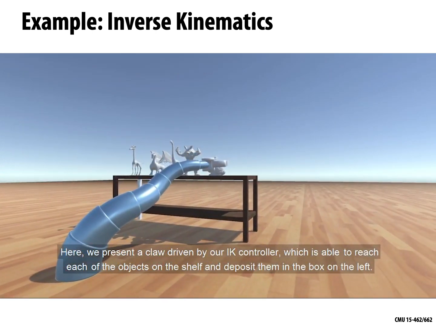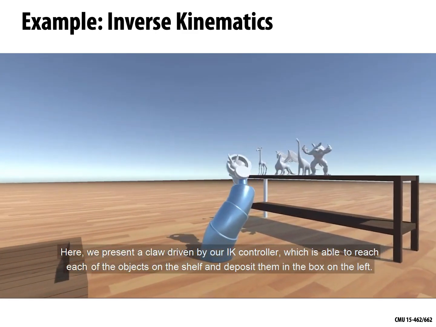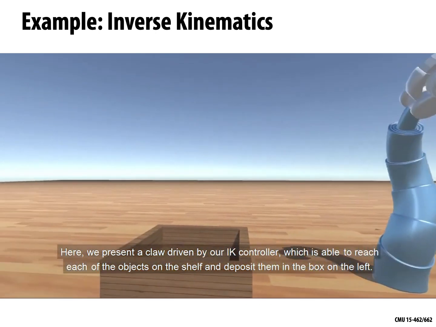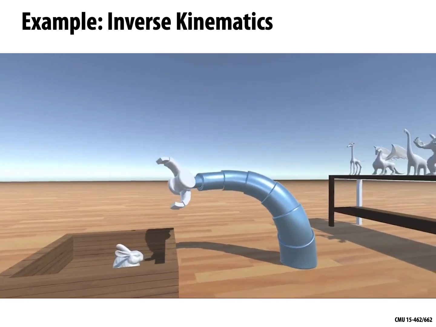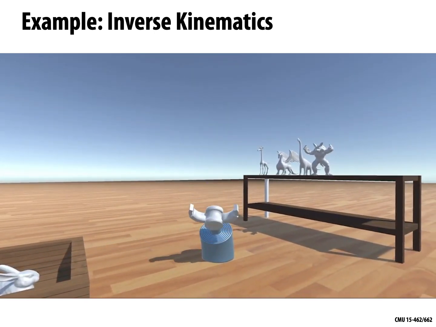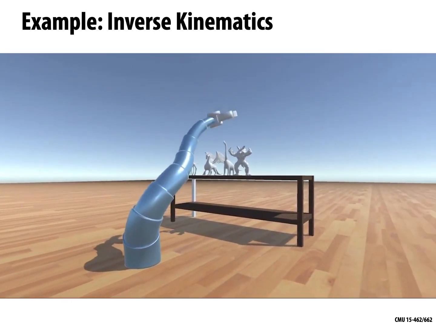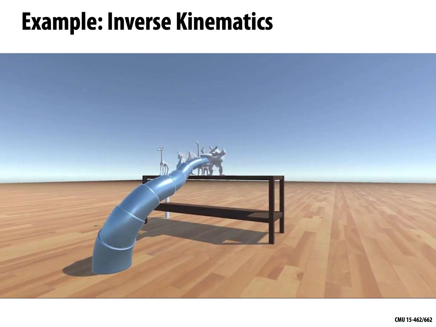So what I can do is formulate this as an optimization problem. I want to minimize the difference between the end of the robot arm and the location of the object that I'm trying to pick up.